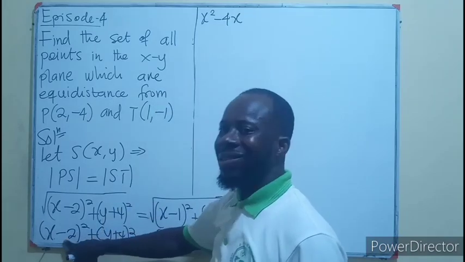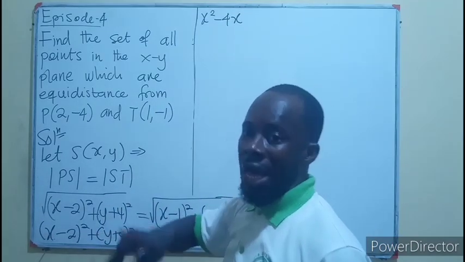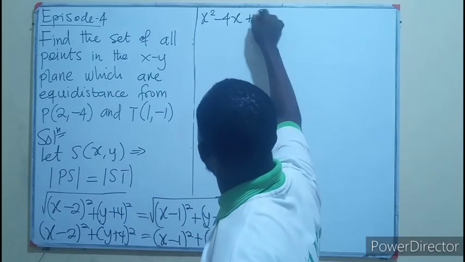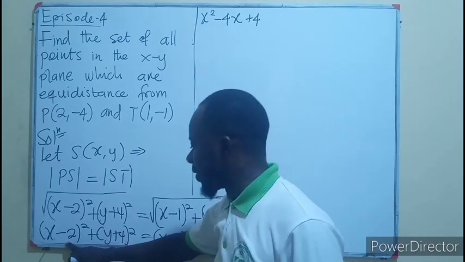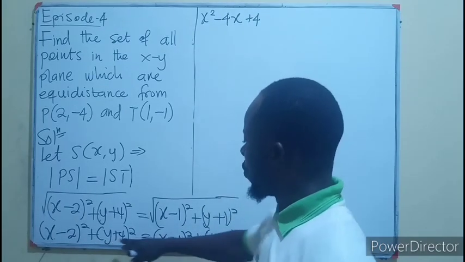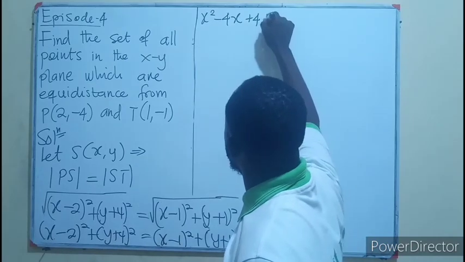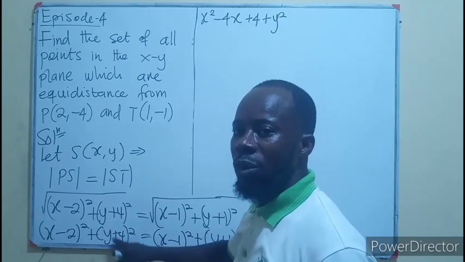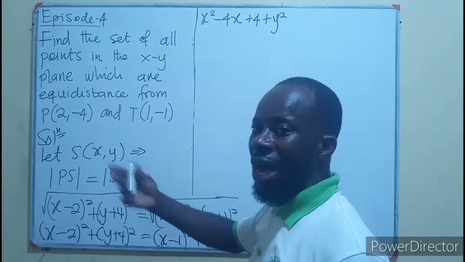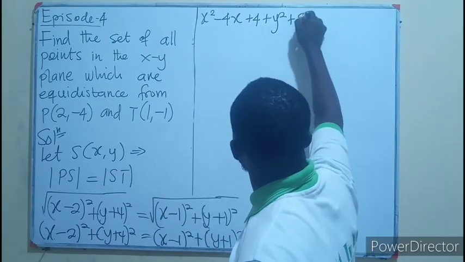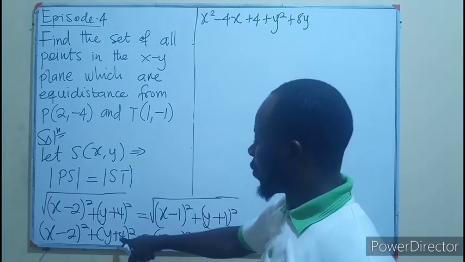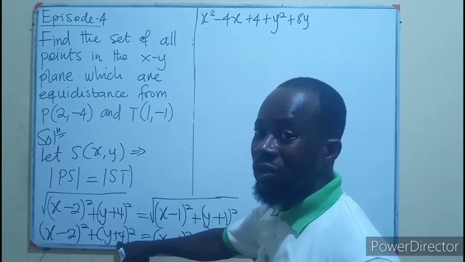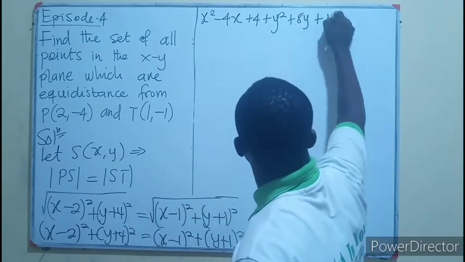We square the last term, which is minus 2 squared, that becomes plus 4. That is for this bracket. Then for this bracket, you square the first, that will be plus y squared. The product of the two will be y times 4, 4y, twice of that becomes plus 8y. Then you square the last, which is 4 squared, that will be plus what?